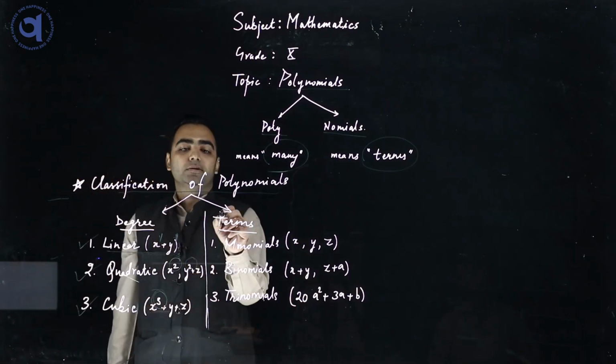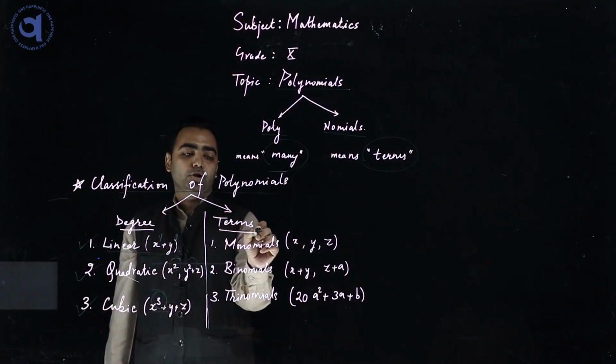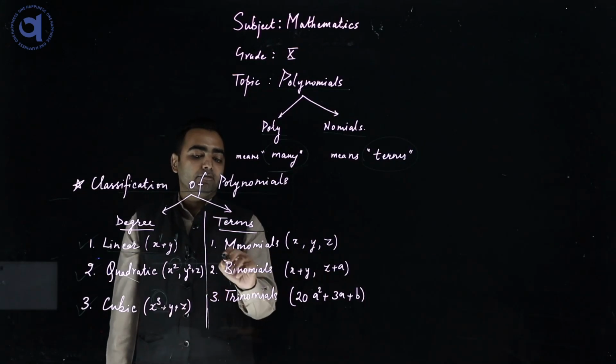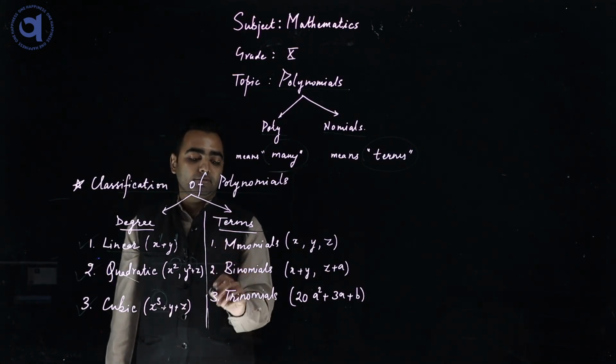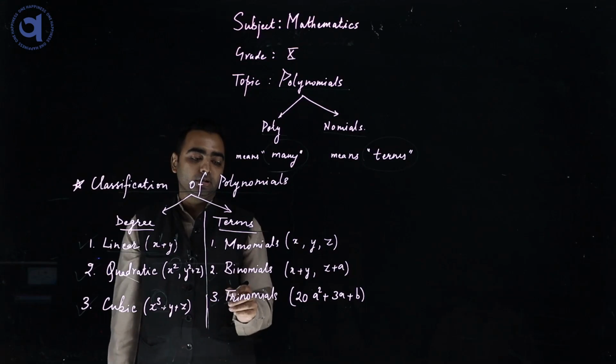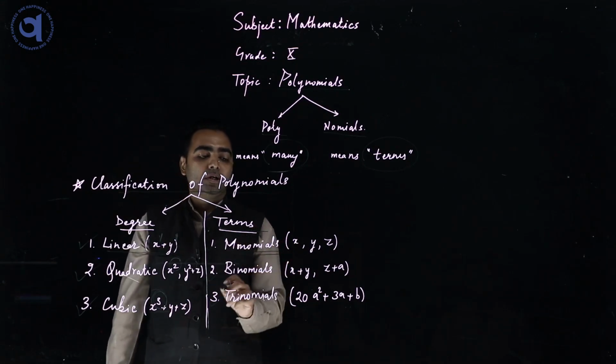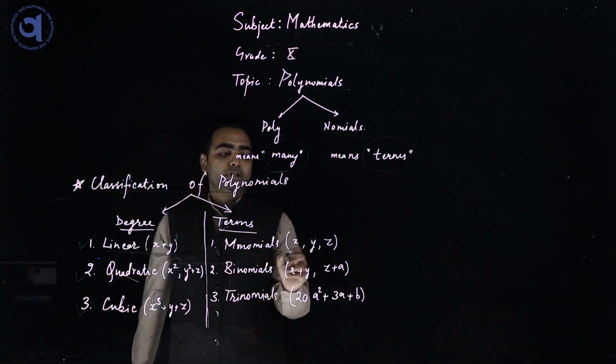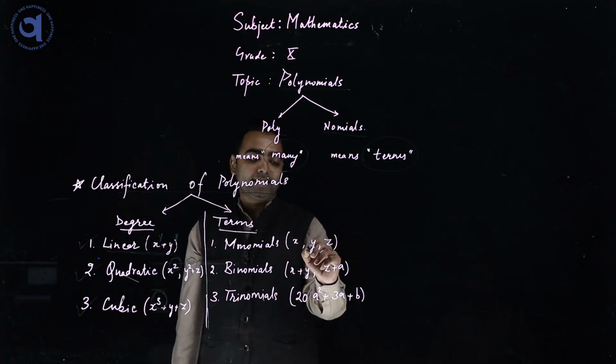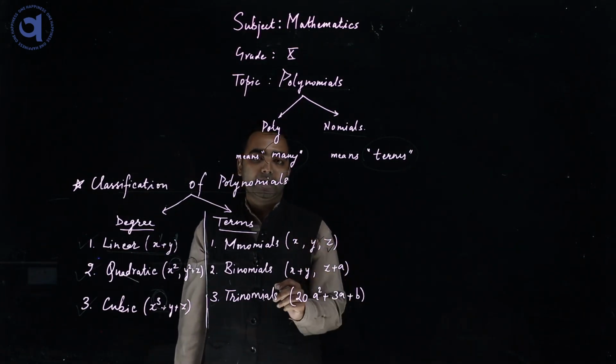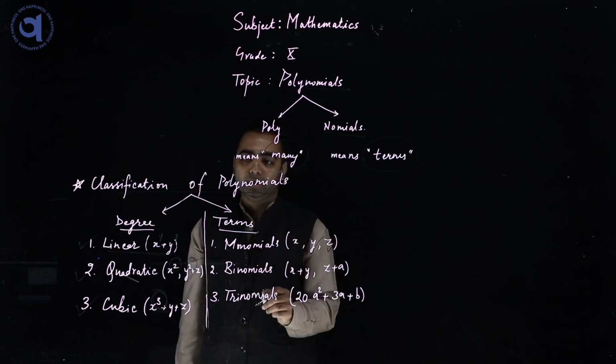In the same way, if we look at the classification of polynomials on the basis of terms, first is monomial, second is binomial, and third is trinomial. Now what do you mean by monomial? An expression having only a single term, for example only x, only y, or only z, is said to be a monomial.